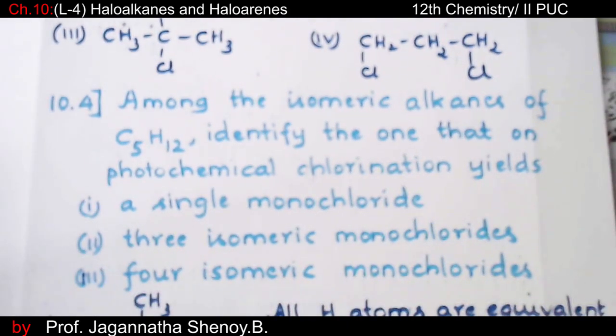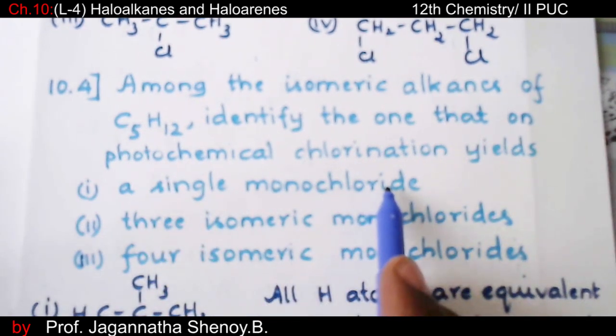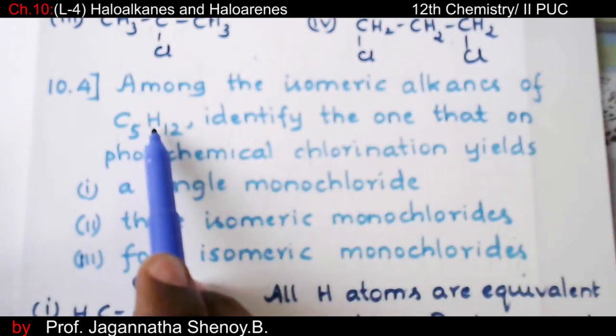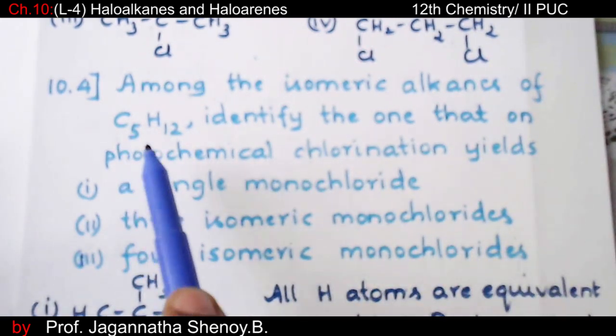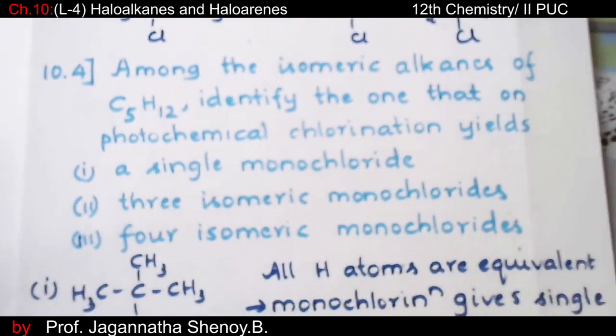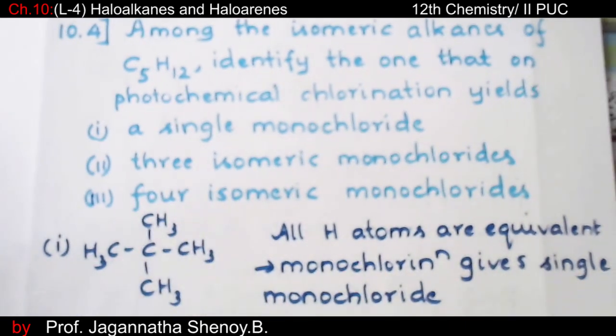Right. So when I want to get a single monochloride, what should happen? In that particular hydrocarbon, all the hydrogen atoms must be equivalent. What is meant by equivalent? Consider the structure of neopentane. This molecule is called neopentane.